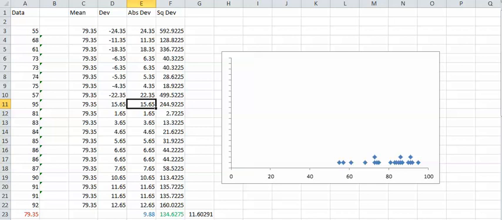When the absolute deviation goes up, the squared deviation goes up also. Let's take a look. When the absolute deviation was 2.35, the squared deviation was 5.5. But when the absolute deviation went up to 15.65, the squared deviation went all the way up to 244.